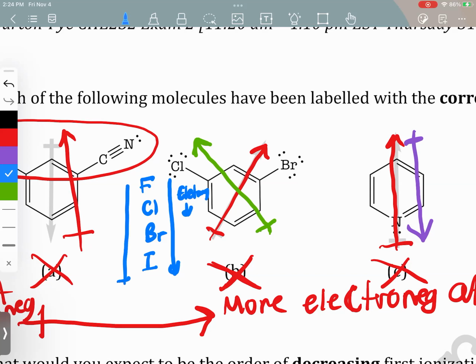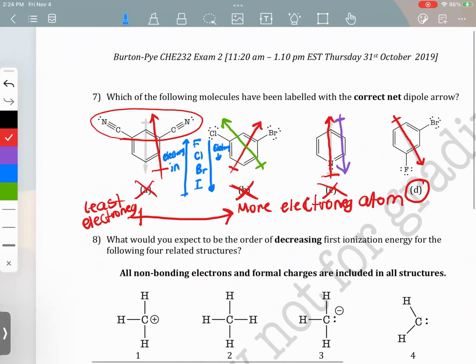So that means as you go up, the electronegativity increases. So that means chlorine would be way more electronegative than bromine. That's why the dipole arrow should lean more towards chlorine than bromine. Okay. All right, that makes sense.